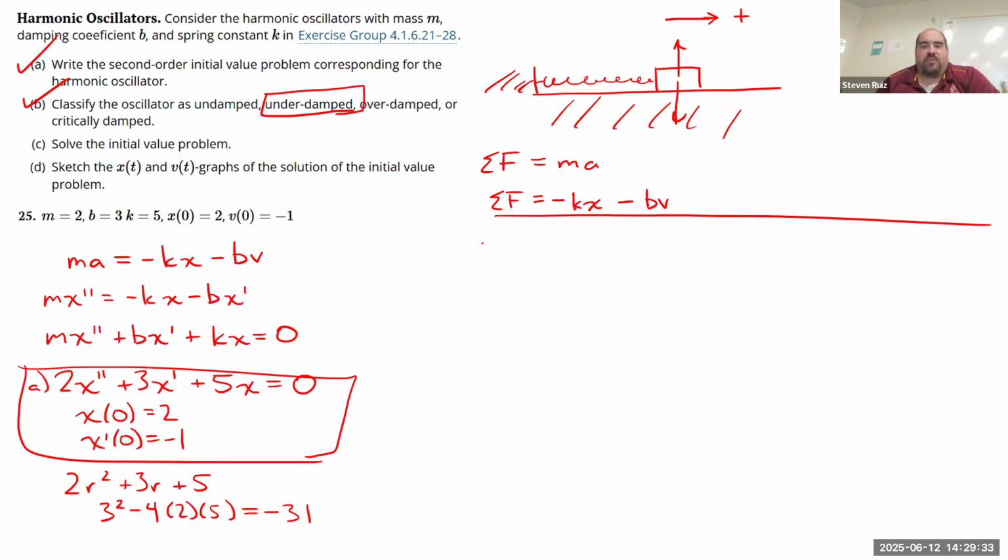I don't believe it factors, so we'll use the quadratic formula. r equals negative b plus or minus the square root of b squared minus 4ac, all over 2a. So I get negative 3 plus or minus the square root of negative 31, so i radical 31, over 4.